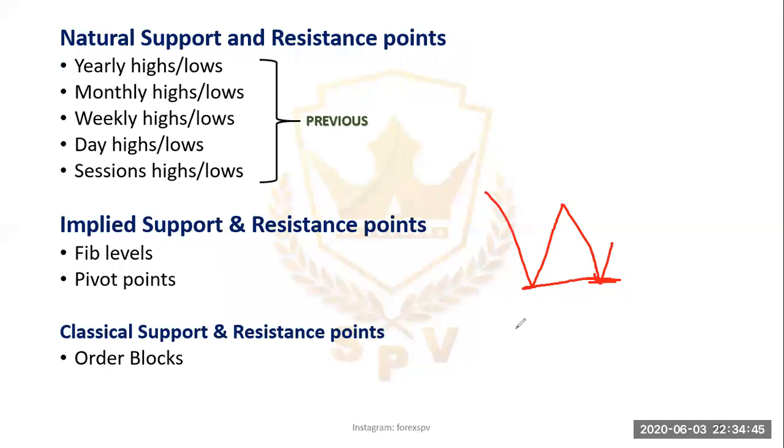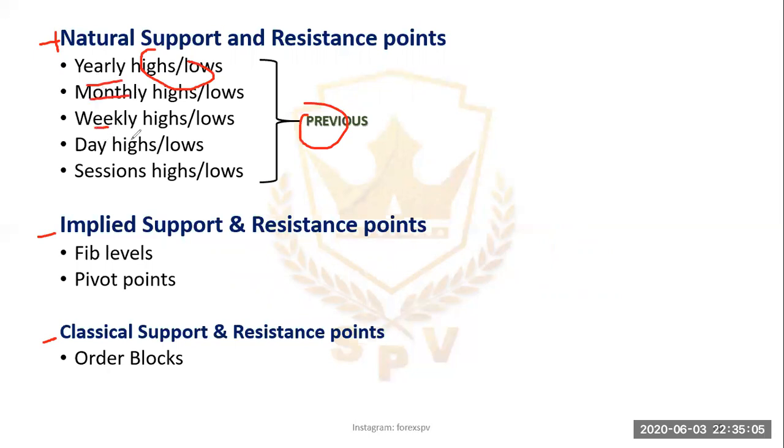We can categorize the support and resistance points as natural, implied, and classical. The natural ones are simply the previous highs and lows. We can talk of previous yearly, monthly, weekly, daily highs or lows, even the session highs or lows.